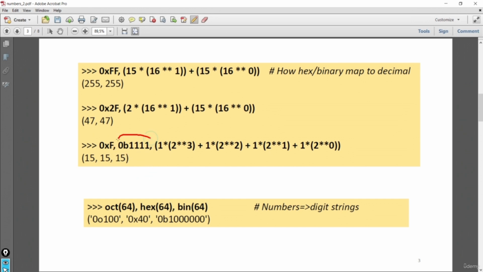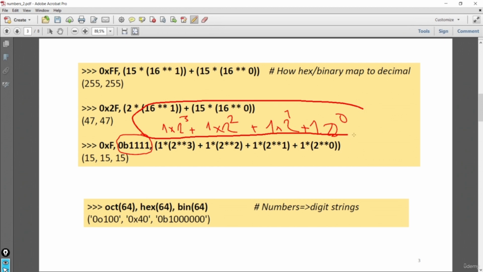And how do we convert this number to decimal? We multiply it by the base. There are 4 ones. Then we provide powers starting from the rightmost position and proceeding to the left, increasing the power value at each step by 1 to the base, and performing the summation, we get its decimal equivalent.